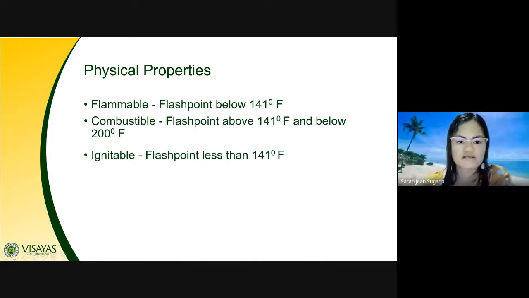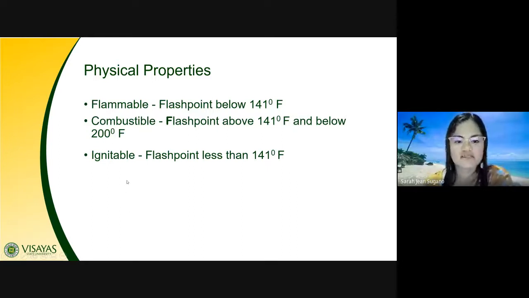Okay. So for physical properties, if it is flammable, there is an indication that the flash point is below 141 degrees Fahrenheit. Combustible, the flash point is above 141 degrees Fahrenheit and below 200 degrees Fahrenheit.